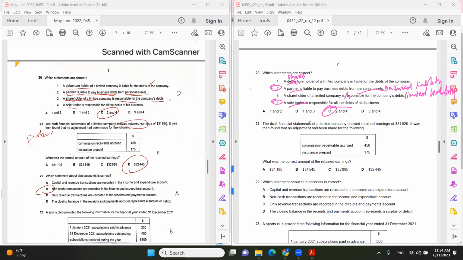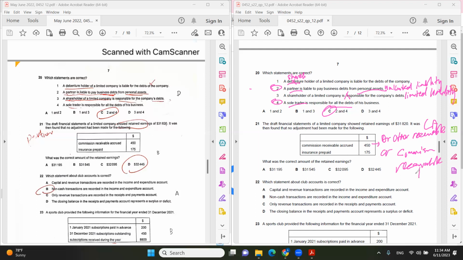Okay, 21. The draft financial statement of a limited company shows retained earnings 31,820. It was then found that no adjustment had been made for the commission receivable accrued. Commission receivable accrued should be debit other receivable, which is a current asset, and then credit commission receivable.